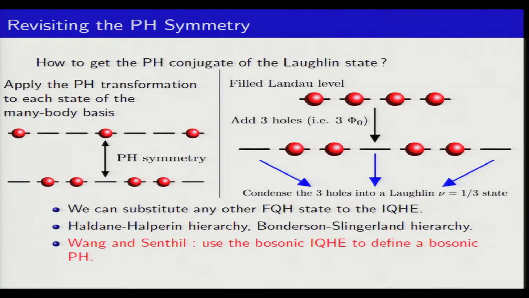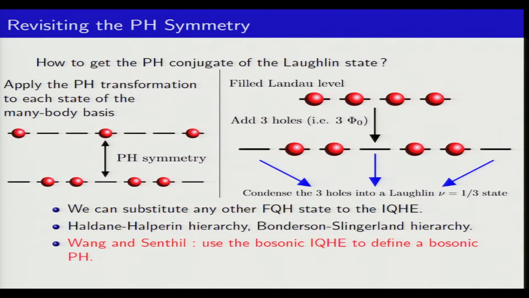So here, I start from the integer quantum Hall effect and create 3 quasi-holes. And then I ask these quasi-hole excitations to form a Laughlin state at nu equal 1/3. And that's just another way to rephrase the particle-hole symmetry. It's just condensing the excitations of the integer quantum Hall effect into a specific fractional quantum Hall state.